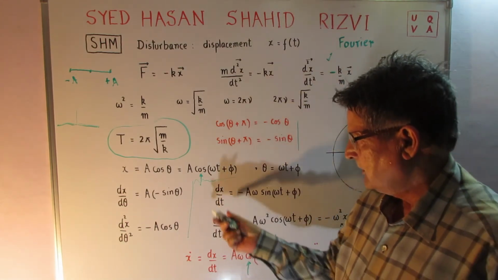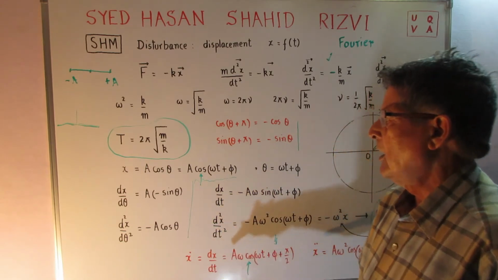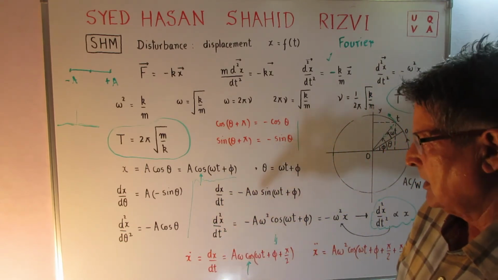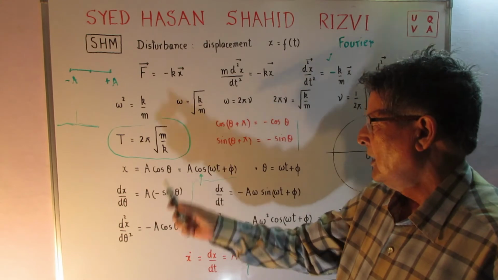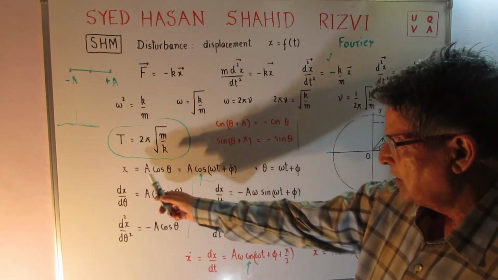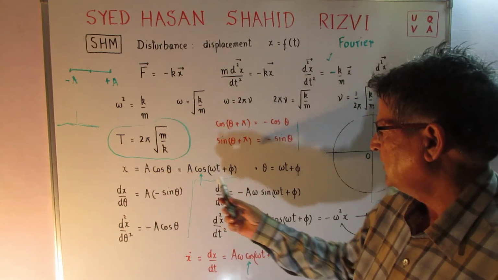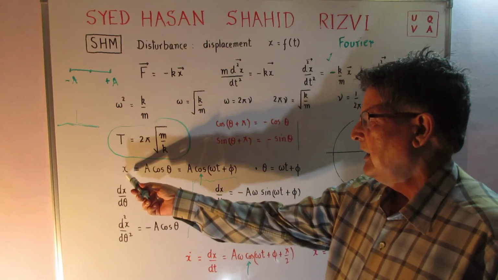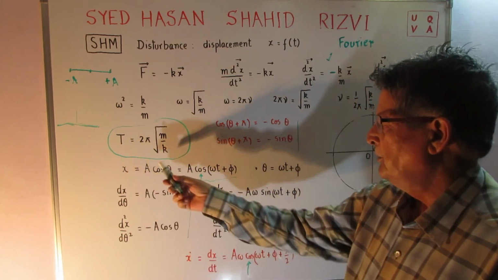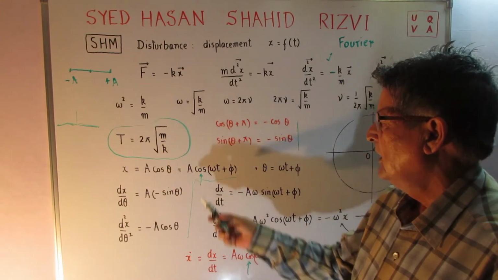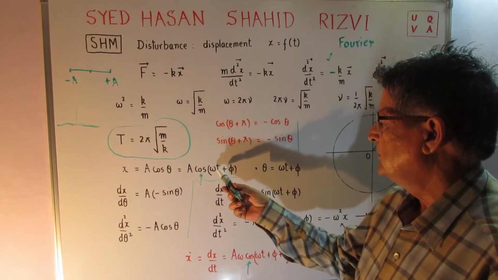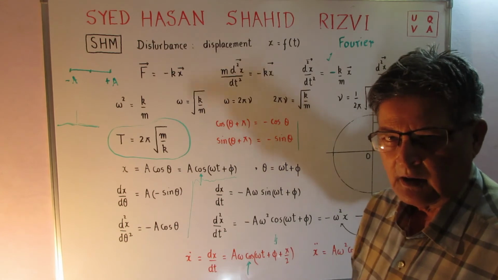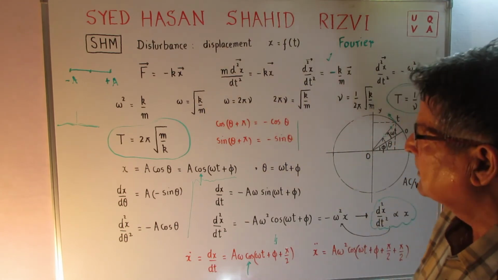I will tell you the same thing when I propose another solution for it. Not x is equal to a cos of theta, or a cos of omega t plus phi, but instead I will take x is equal to b sine of theta, or b sine of omega t plus phi.